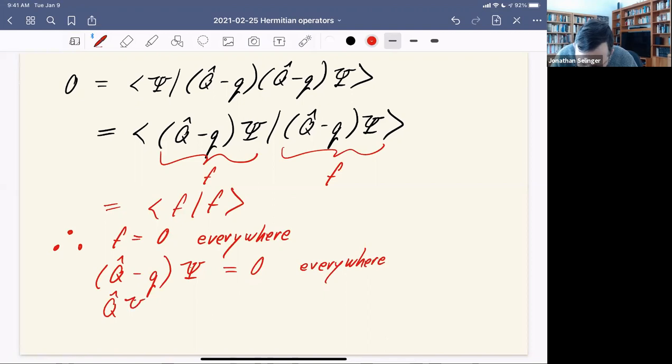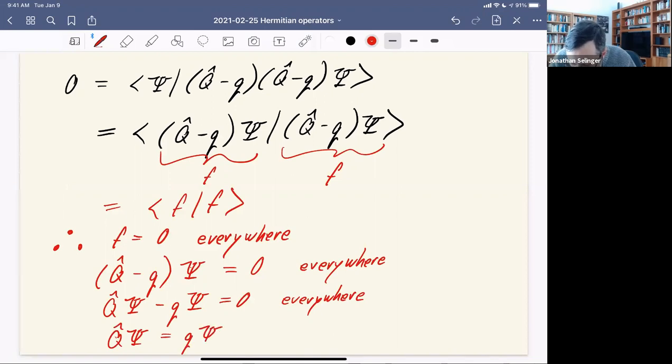That is Q psi minus little q psi equals 0 everywhere. So if I want to write that compactly, I could just say big Q hat acting on psi is equal to little q times psi everywhere. Okay, so this is the relationship that I was looking for.